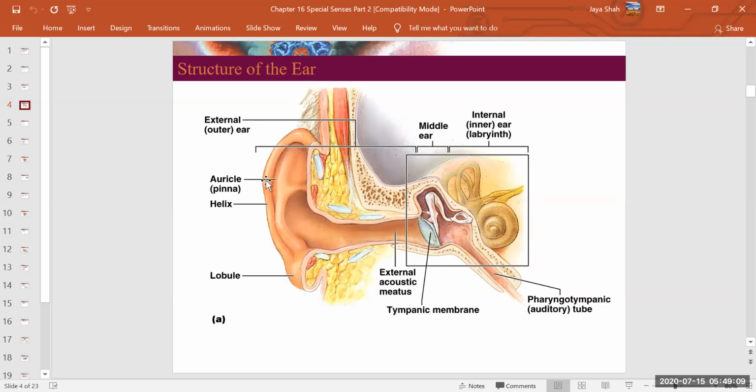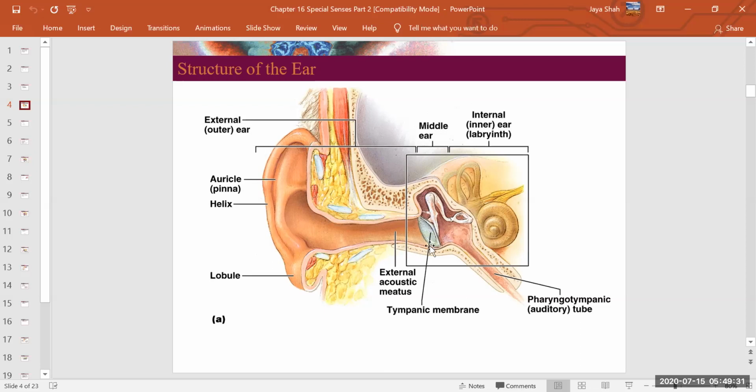And this half funnel-shaped ear channels air through the cavity in the temporal bone. This cavity is called the external acoustic meatus. The external acoustic meatus up to here is all external ear.